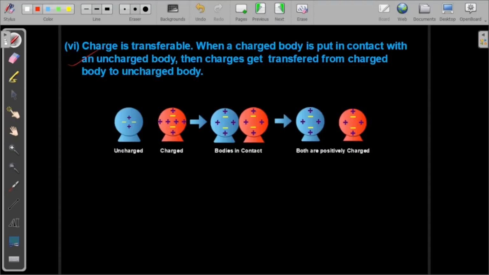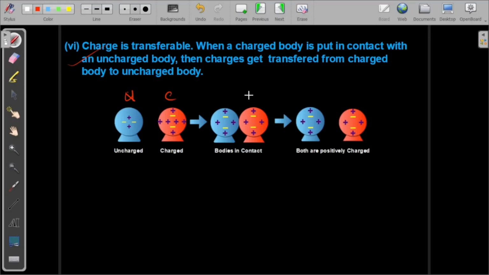Charge is transferable. When a charged body is put in contact with an uncharged body, charges get transferred from the charged body to the uncharged body. Suppose this is an uncharged body and this is a charged body, and they are put together in contact.